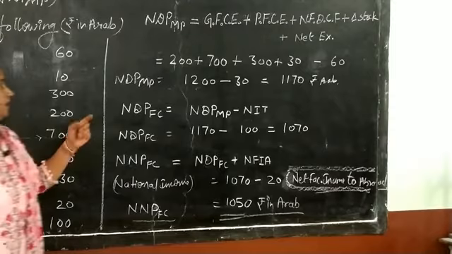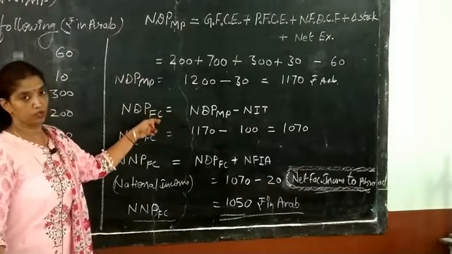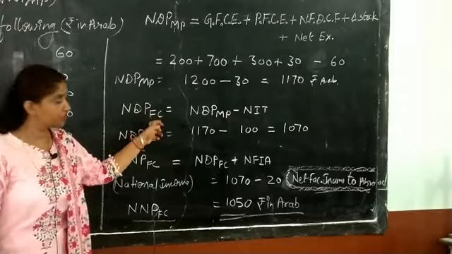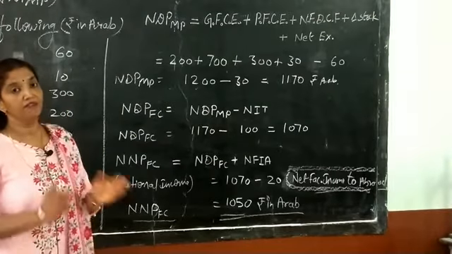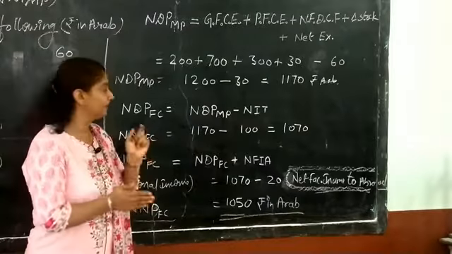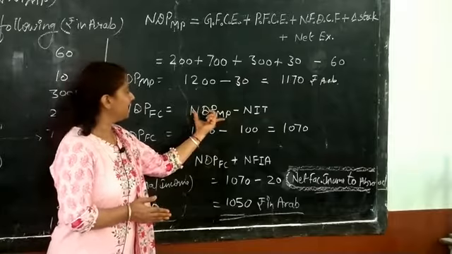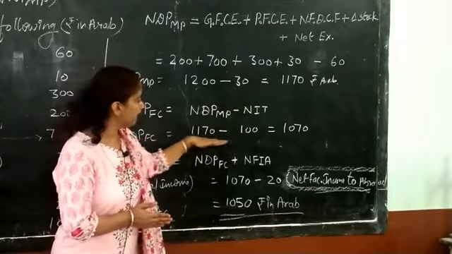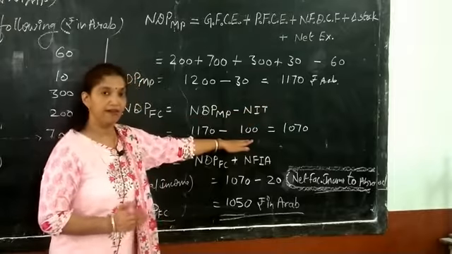Now I convert market price into factor cost. For this conversion I need net indirect taxes, whose value will be deducted from NDP at MP. NDP at MP is calculated as 1170, and net indirect taxes are already given as 100.